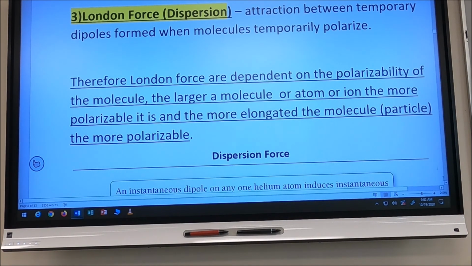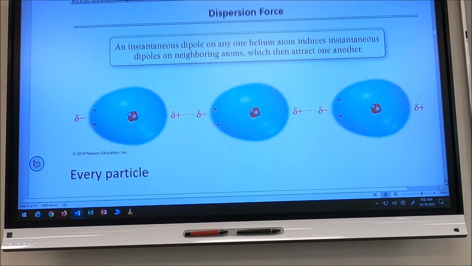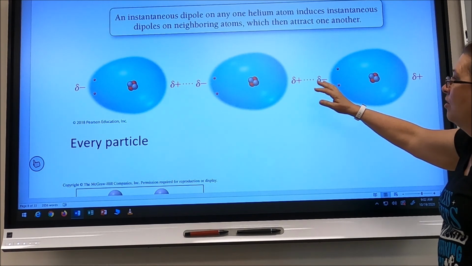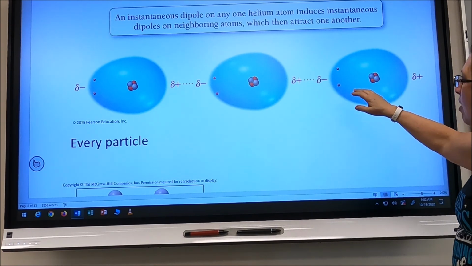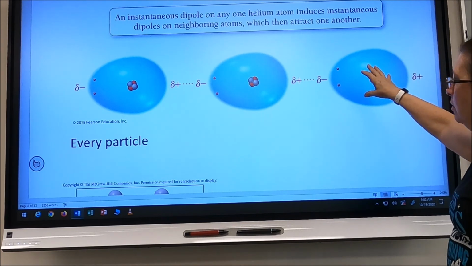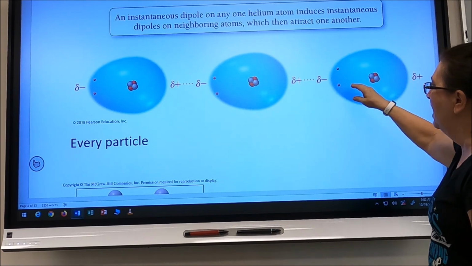So let's look at some pretty pictures. An instantaneous dipole would be if we think about having a spherical atom, and when they get close to each other, their electron clouds repel, and the atom's electron cloud becomes egg-shaped.